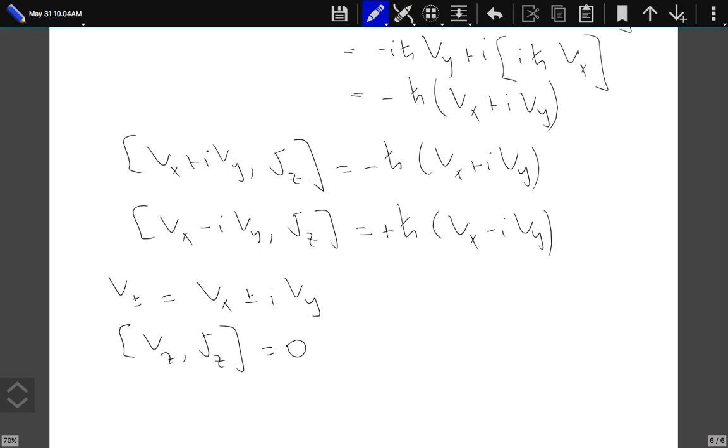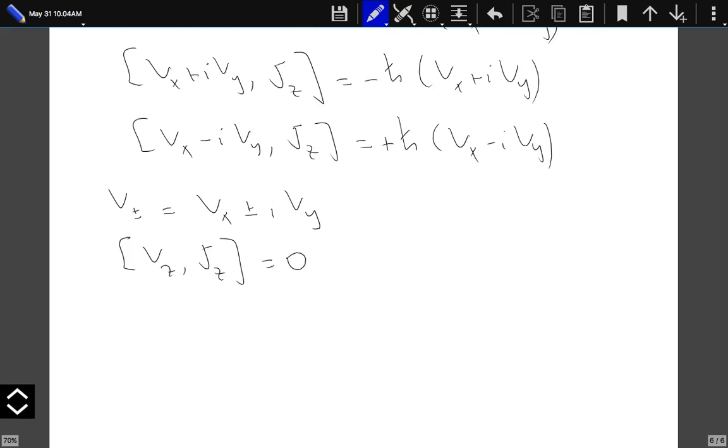We will see. Well, let's look at what happens to the eigenvalue of Jz if we start with a ket J m and act on it with V plus. I repeat, we don't know what this V plus is. It's just some operator which satisfies that commutation relation.